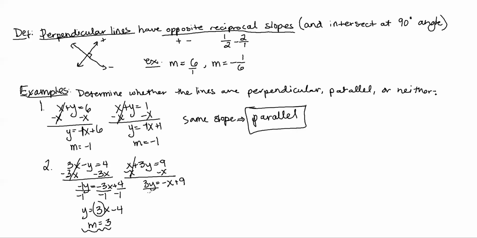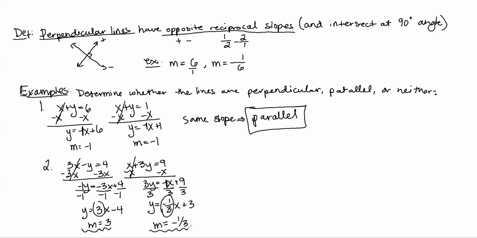Now if we divide every single term by 3, we get y equals, remember this has an imaginary 1 in front of it, negative 1/3 x plus 9 divided by 3 is 3. And so our slope of this line is negative 1/3.